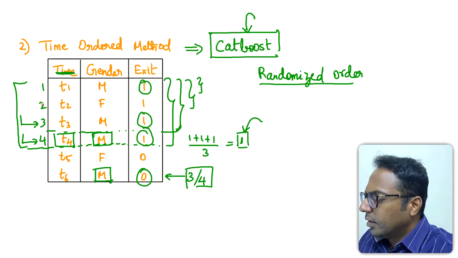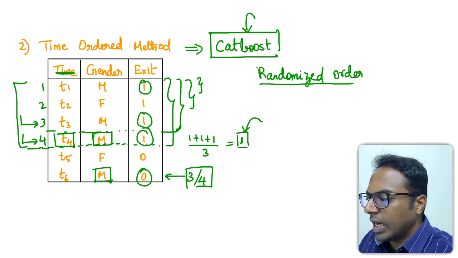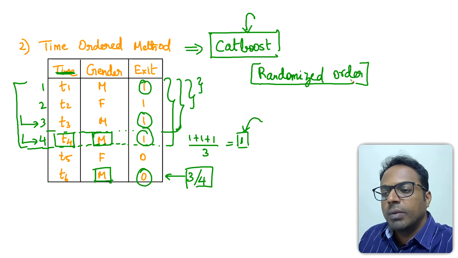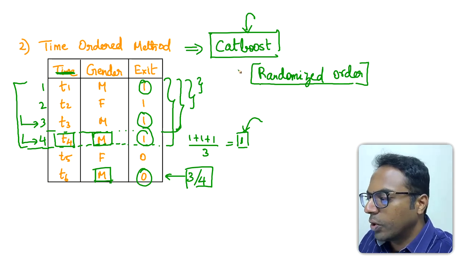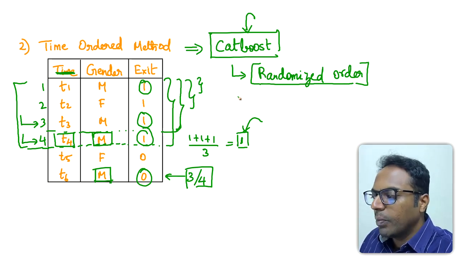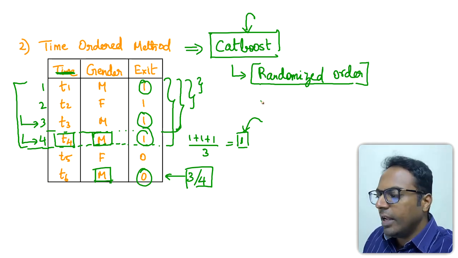So this whole operation is for one iteration, right? This randomization and computing the mean will be done for multiple iterations, not just one. It will do one instance of randomization, compute the mean encodings for all the rows, alright? And it will keep on doing this multiple times and take the mean.